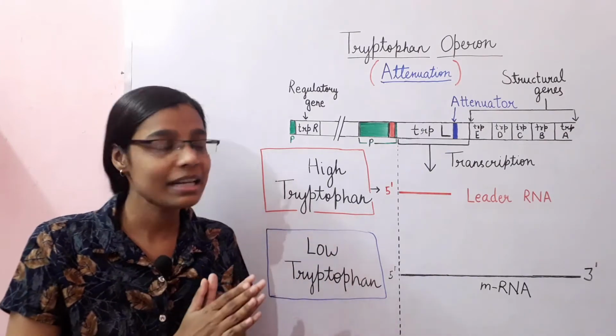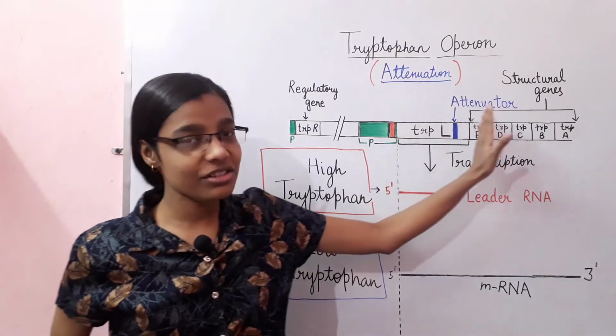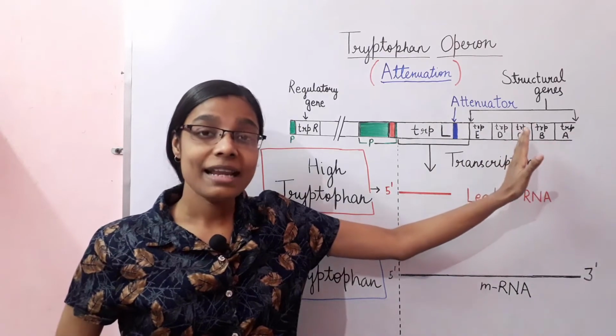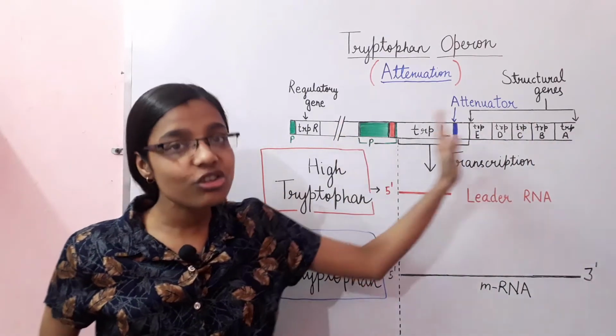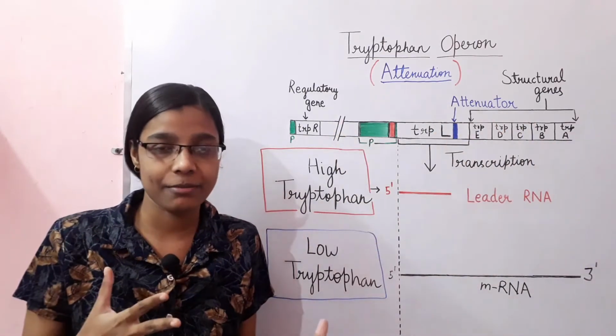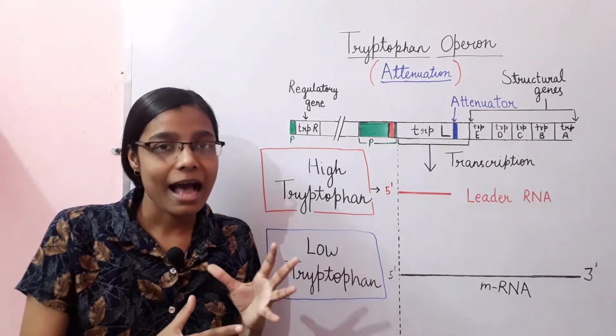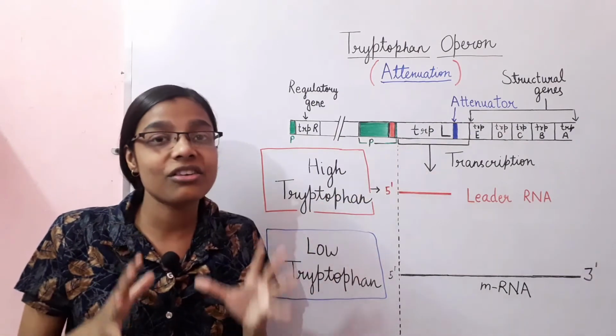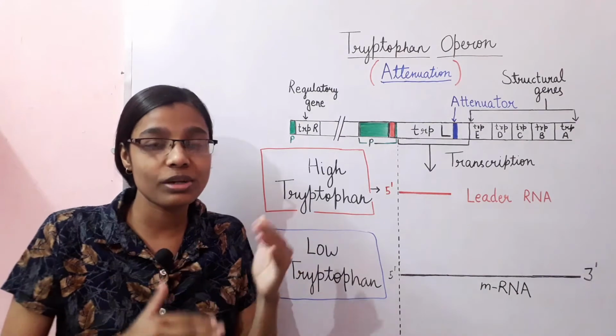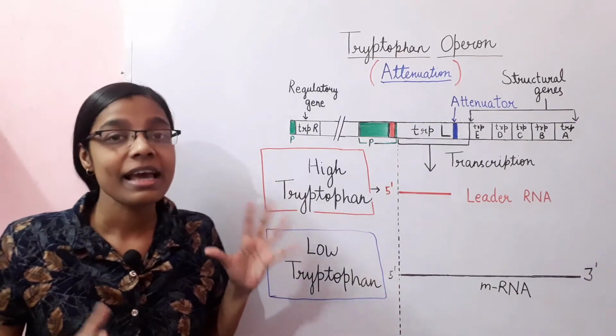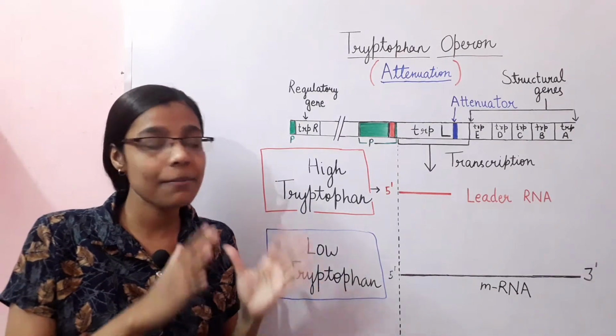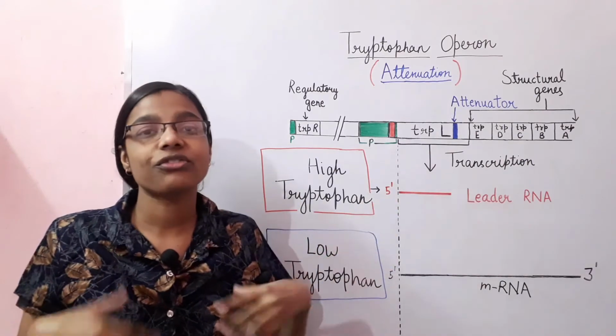It means that the transcription of these genes is taking place and at the same time the translation of these genes is also taking place. So what is happening within this TRPL region in response to levels of tryptophan that is leading to the inhibition of transcription?